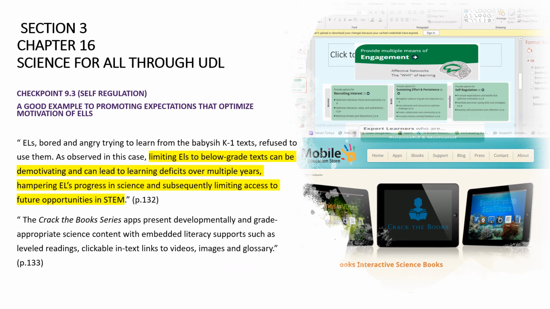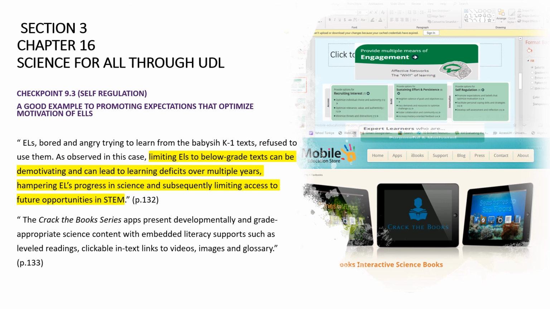Our first example of applying UDL principles to increase motivation and engagement of English language learners is from section 3 and chapter 16 of the book, which is Science for All through UDL. And this is a good example of checkpoint 9.3, self-regulation. The principle is promoting expectations that optimize motivation of ELLs.